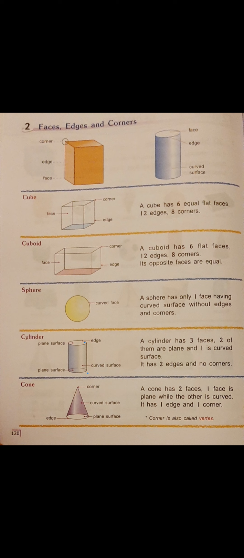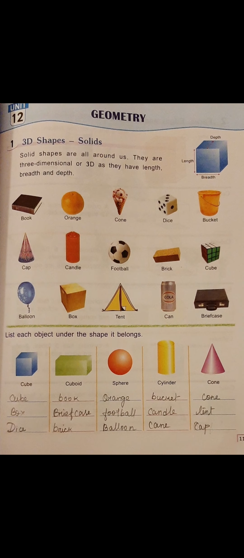Now we'll find out the objects. What are the objects that look like a cylinder? Here you can see the things that look like a cylinder. Bucket, you can see. It has a plane surface, and it looks like a cylinder. Curved shape is there. Now this candle also looks like a cylinder, right?